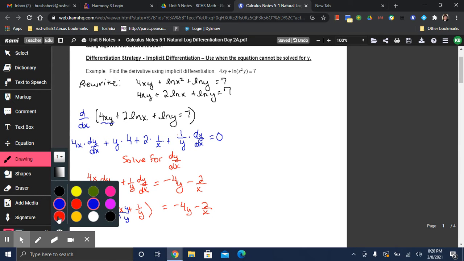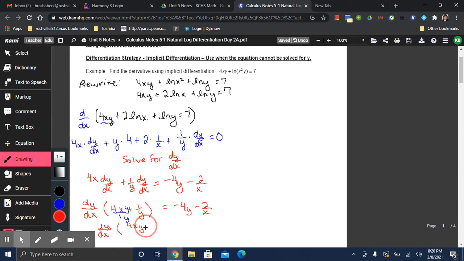And so I'll have the derivative of y with respect to x, of 4xy plus 1 all over y equals, and then likewise I'm going to put this over 1, multiply top and bottom by x, and I'll have negative 4xy minus 2 all over x.